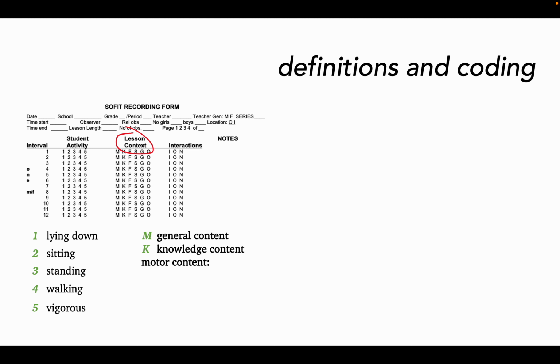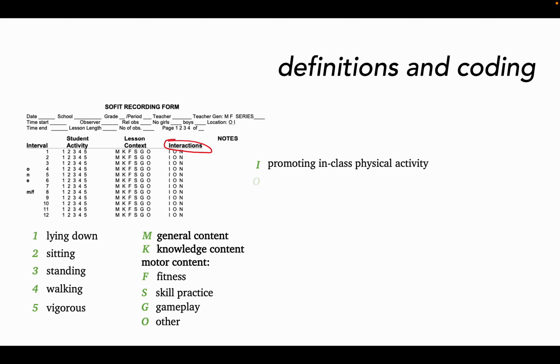Motor content is divided into 3 subgroups: fitness, practice, and gameplay. There's also an other option if the activity underway doesn't match any of these categories well. Finally, teacher engagement. This form asks about interaction with physical activity promotion, but remember there are other options as well to record teacher involvement. You can read more about that in the full protocol if you think it will be helpful to your study.